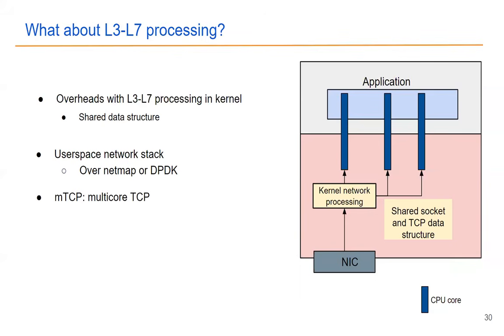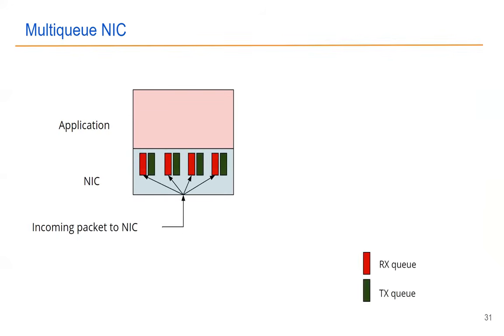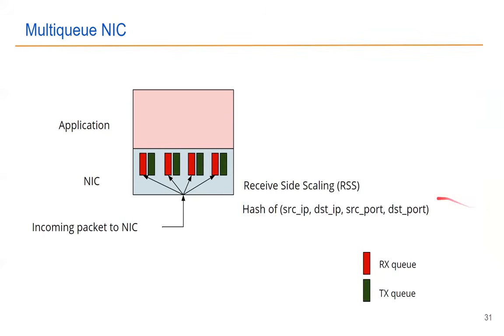Now, before diving a bit more into mTCP, let us understand how it requires support from the NIC to achieve this multi-core packet processing. Modern NICs have multiple queues. That is, every incoming packet gets distributed to one of the RX queues. How is this done? This is done using a technique called RSS or receive side scaling, which is basically a hash of 4 tuples in the packet headers of any packet.